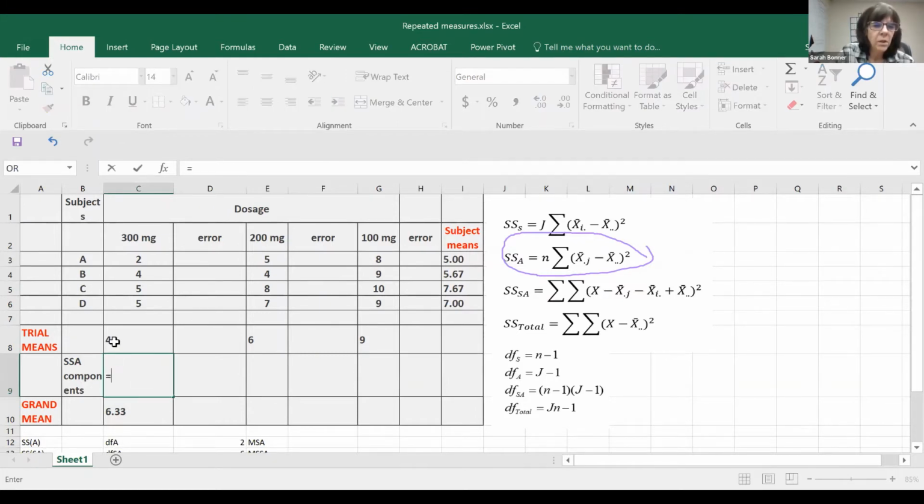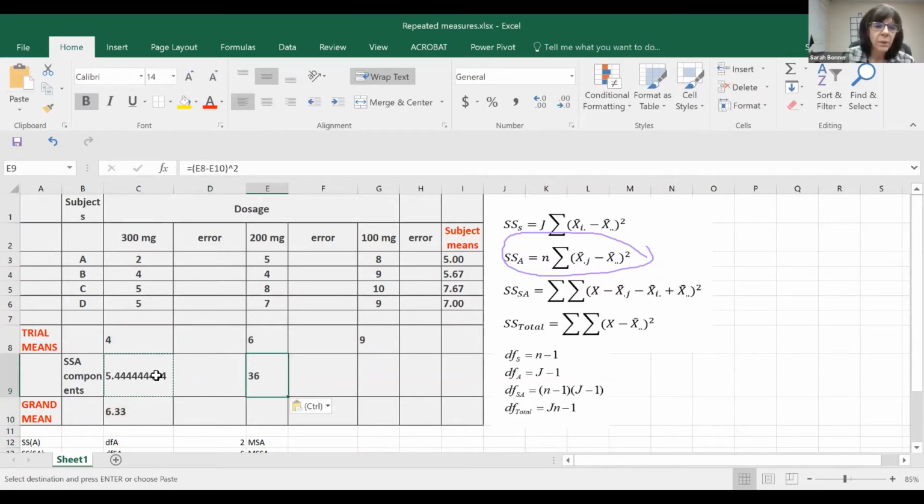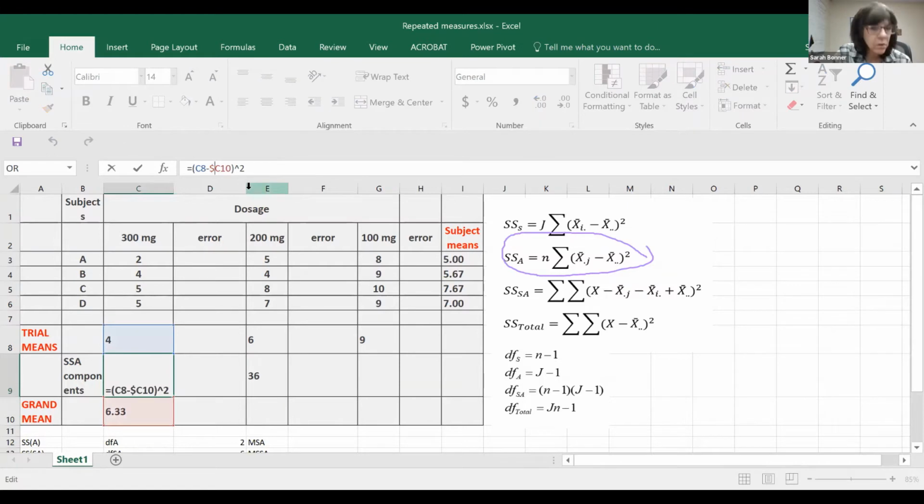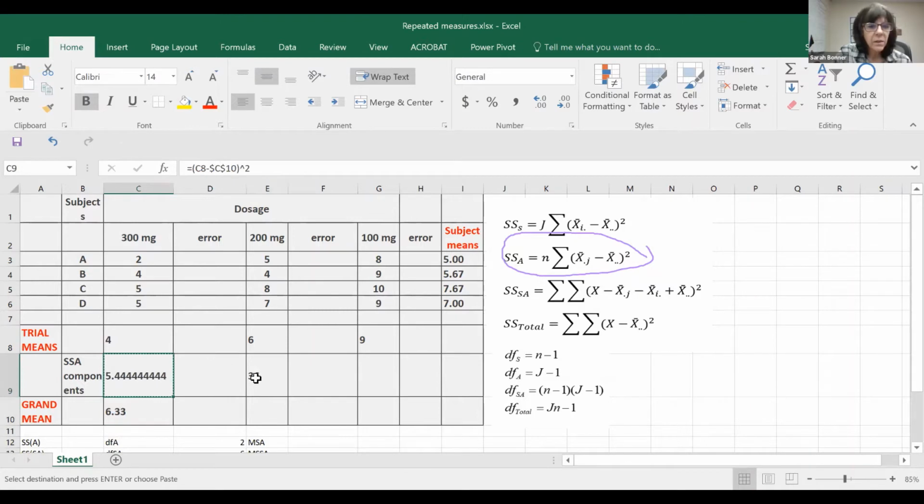So this is simply this minus the grand mean squared. Okay, it's over individuals, but within a group. And then we're going to have this, but it's going to be wrong because it's not going to correctly reference the first cell. Again, so that's that, and that's those. And we can check them. It's always a good thing to check.